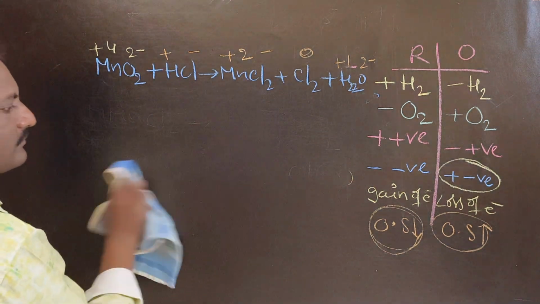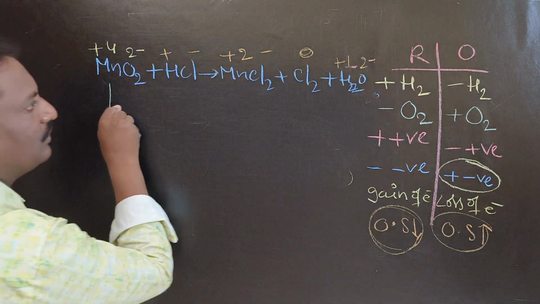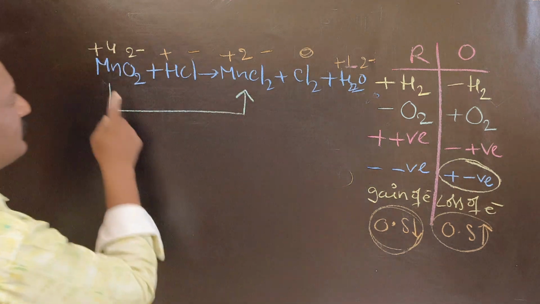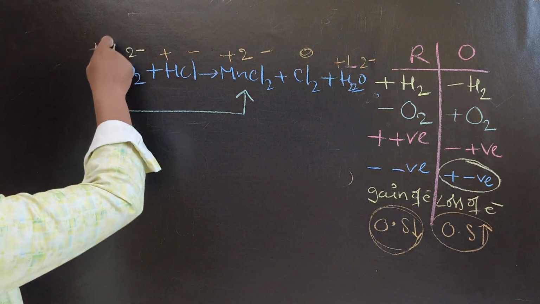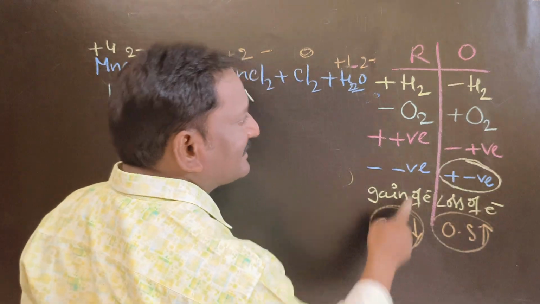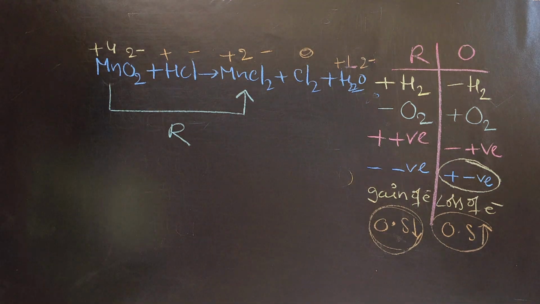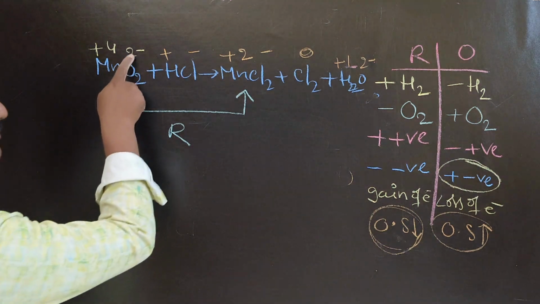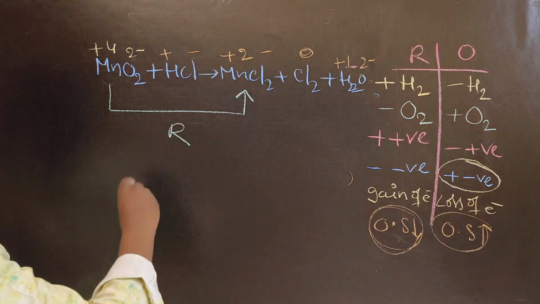Right. Next one. Manganese goes from plus 4 to plus 2, so the oxidation state decreases. A decrement in oxidation state is called reduction. This is a reduction. Next, oxygen is minus 2 here also. No change.